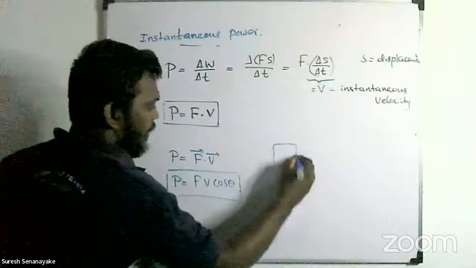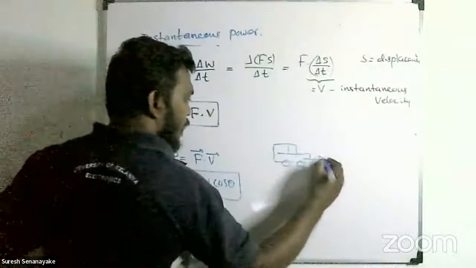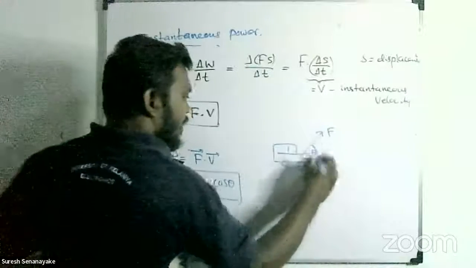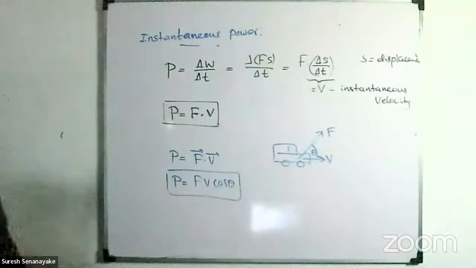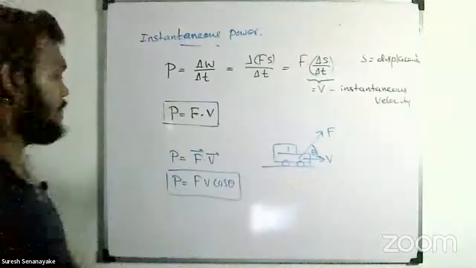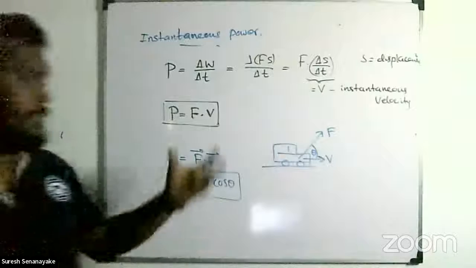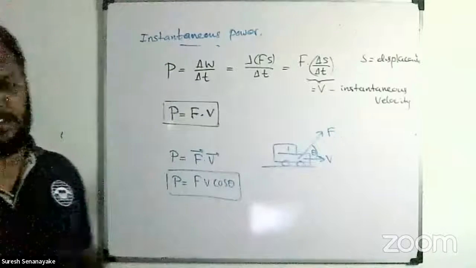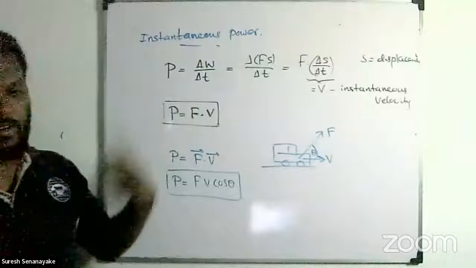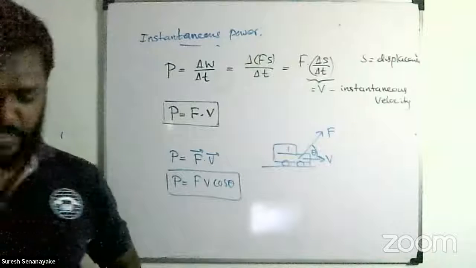If there's a vehicle moving with velocity v, let's say the force is applied on the body at theta degrees with the velocity. In this kind of case you can write F v cos theta. If not, we always consider the force along the horizontal line, that's the direction of the velocity. So you can write the power as F into v, force into the velocity.